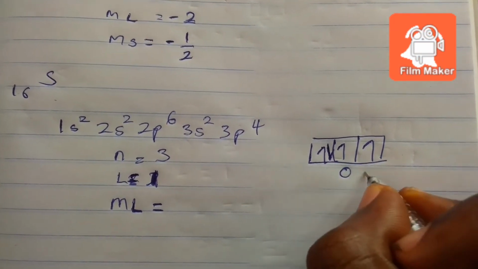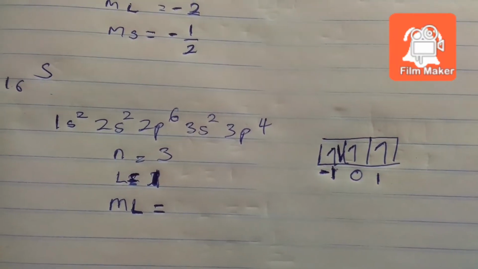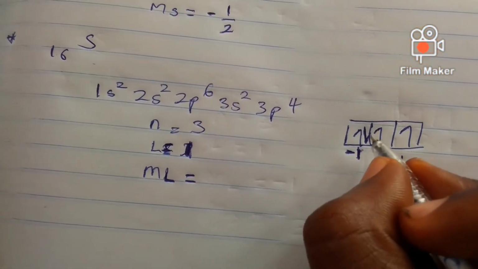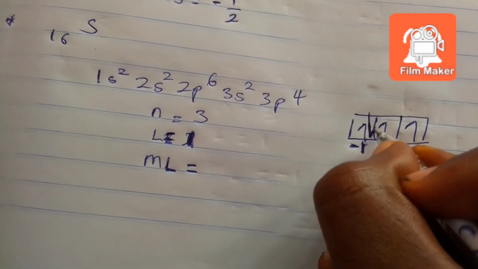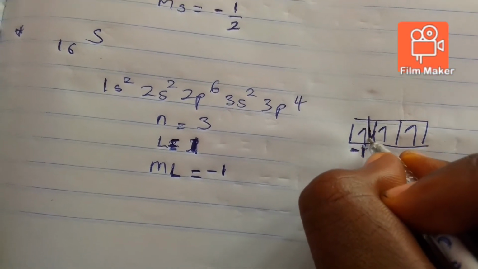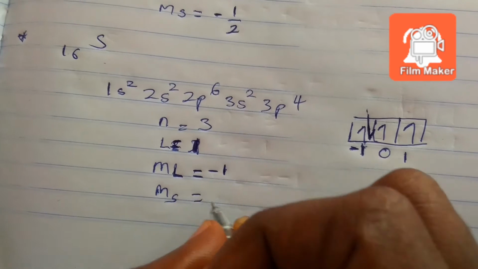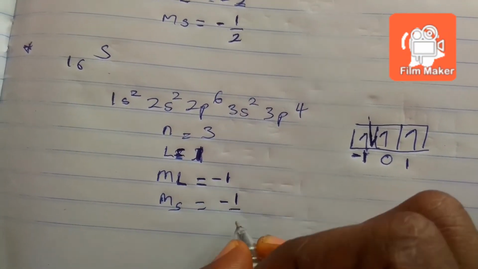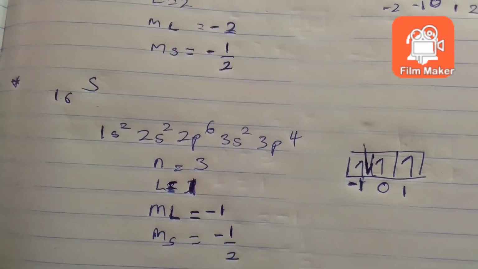So 0, 1, minus 1. As you can see, since the last electron is ending here, this one will be minus 1. And since this last electron is facing downward direction, our ms will be minus 1 over 2. So I hope we are getting that.